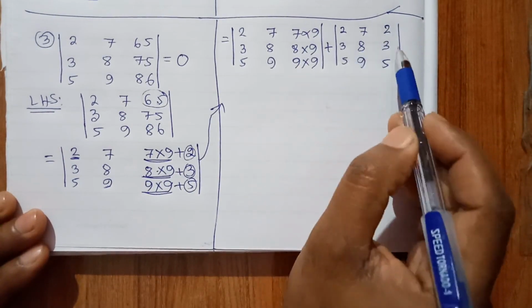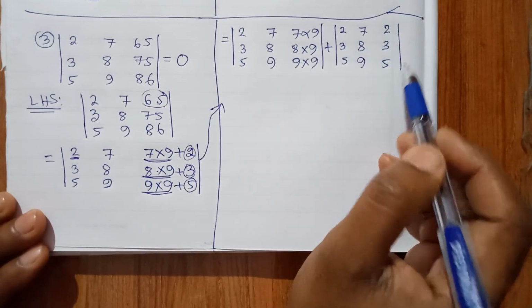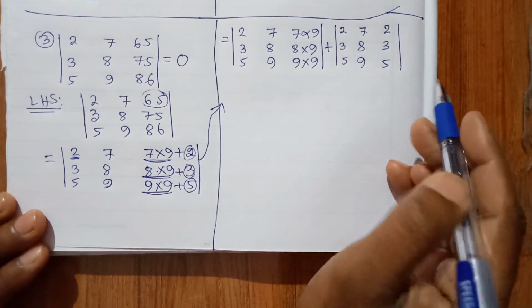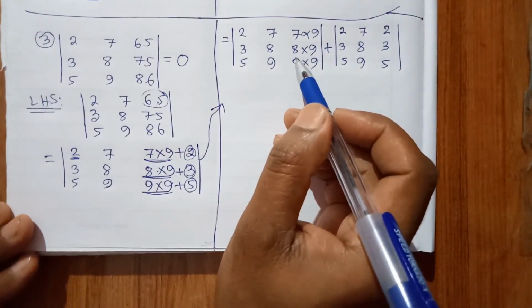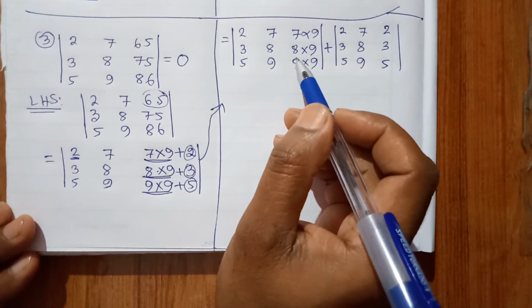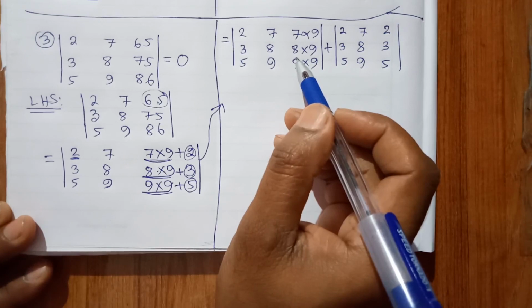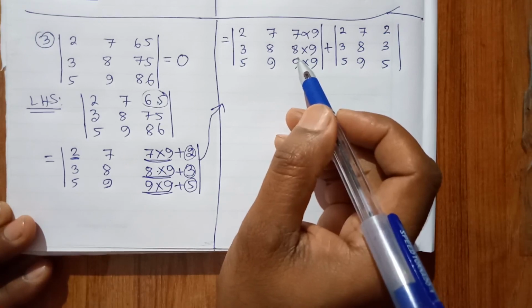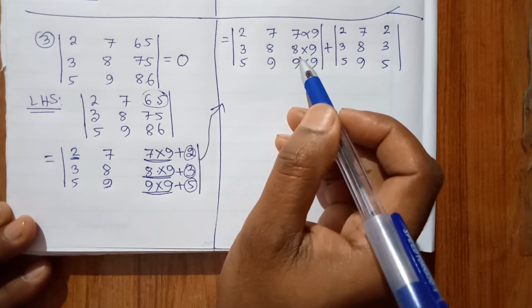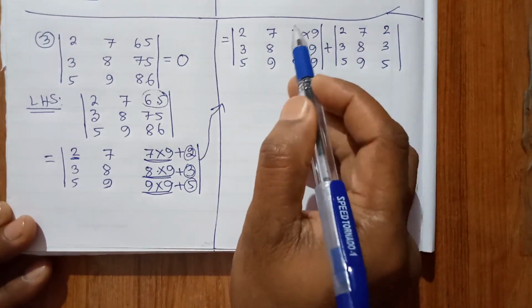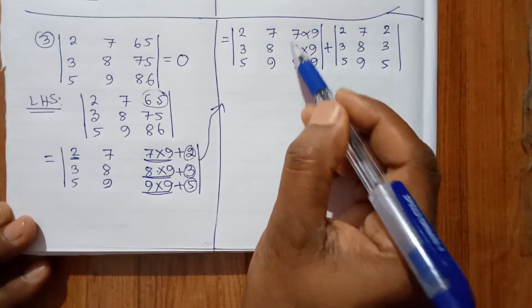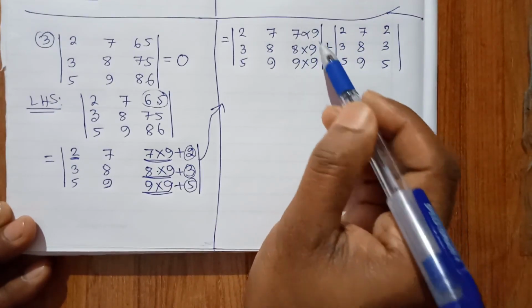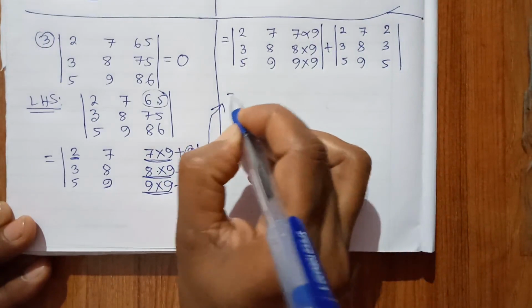So this determinant is separated into two parts. In the second part you see the first column and third column are the same, so the value will be 0. Now I told you that in a determinant you can take a common factor, and you can choose any single row or any single column to take the common factor. So here I can choose the third column. From column 3, I will take 9 as common factor.